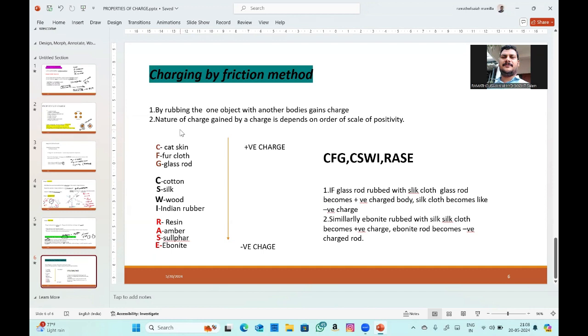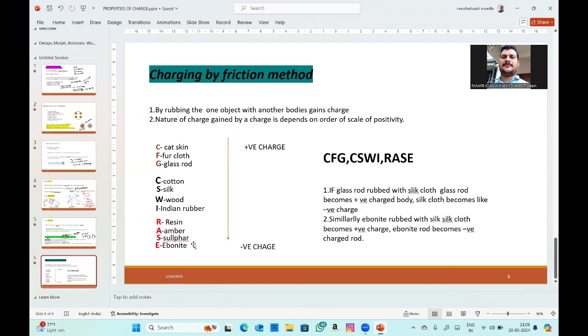The diagrams and all, here I am not giving. Here you can see one order, one clue, given as CFG, CSAAA, RASA. That means the positive nature is decreasing downwards and the negative nature is increasing downwards.